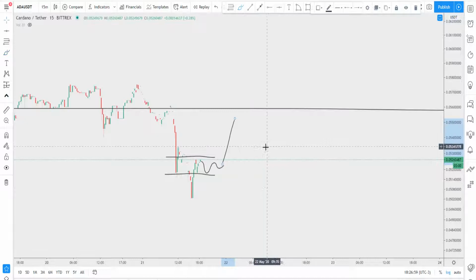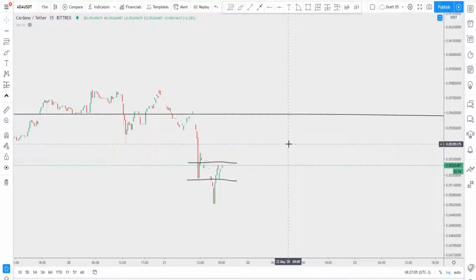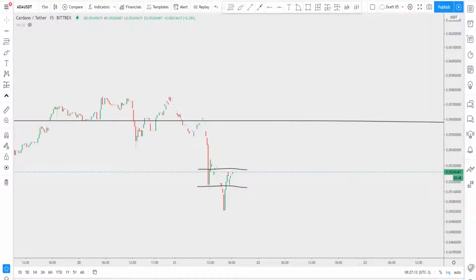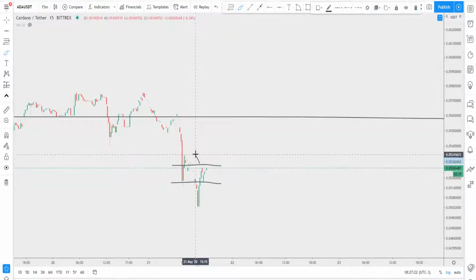And the target for this bull break here on ADA, if we follow Bitcoin, or if ADA moves on its own, just a second please. Sorry, let's go. So the target for this trade will be close to this level here.